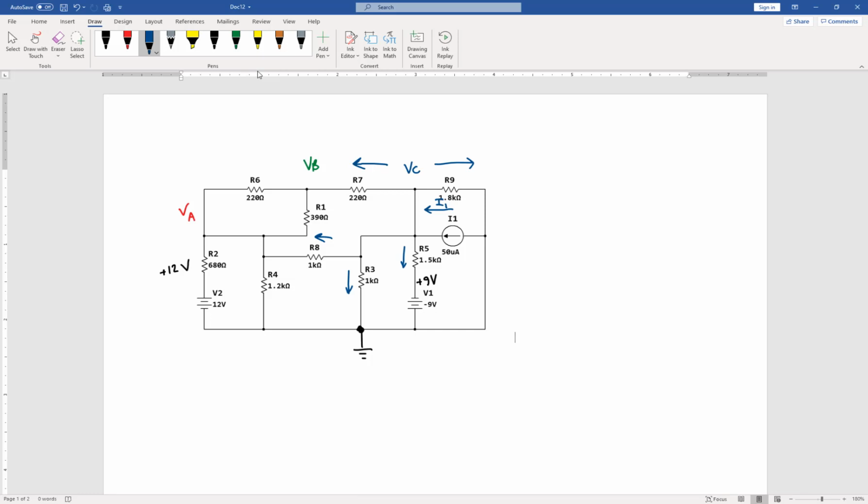So let's go ahead and start writing all the equations. So the top left current, that's going to be VC minus VB over 220. The current going to the right, the left, downwards.